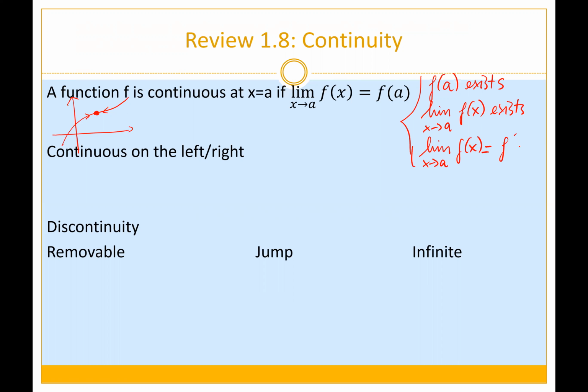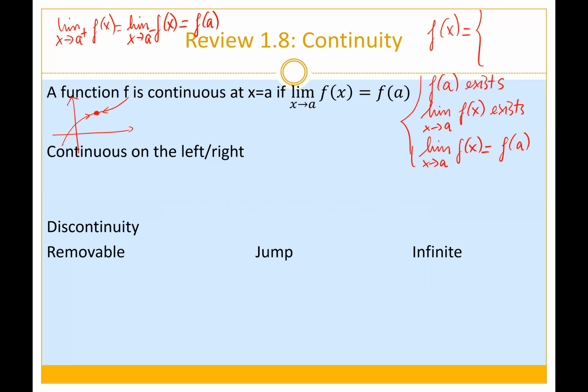However, for a piecewise function, where the function is defined by more than one expression, you have to find the limit of x approaching a plus of f(x), and then the limit of x approaching a minus of f(x), and make sure that those equal one another and equal f(a). I'll go deeper into this when I go into the examples.